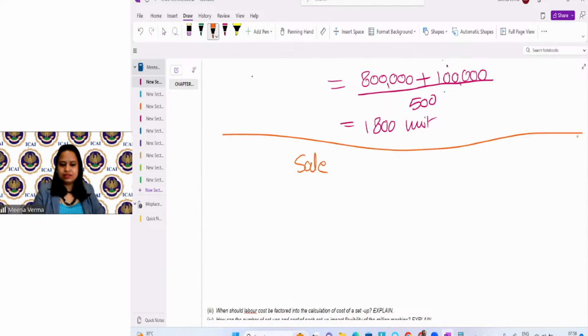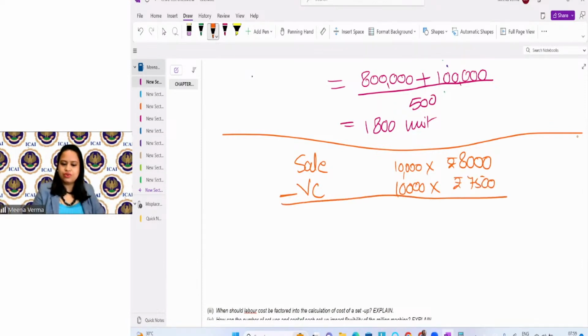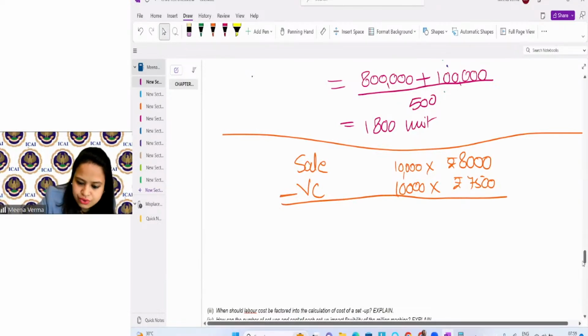Sale: how many units are we selling here? 10,000 units. Each unit you are selling at rupees 8,000. What is the variable cost? You are selling 10,000 units and the variable cost is rupees 7,500. Where are you taking the figure from? Let me show you.